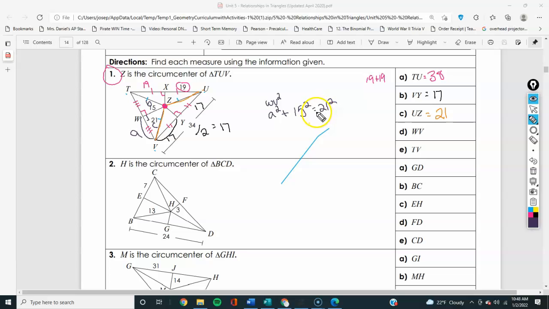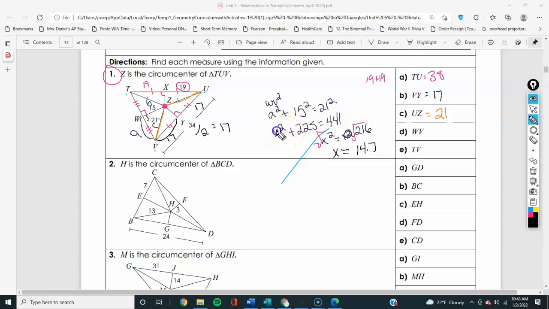Now, when I do that, I get x squared plus 225 equals 441. Subtract, I get x squared equals 216. Square root both sides. And I get x is approximately 14.7.